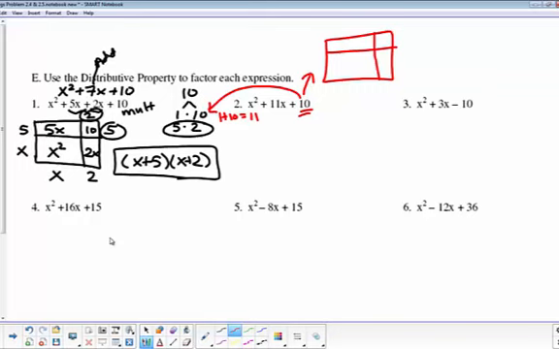So I know that 1 and 10 are my two factors that multiply to give me 10 and add to give 11. So this would be our 10x, and again, the green can be flipped. So our factored form is x plus 10, x plus 1.